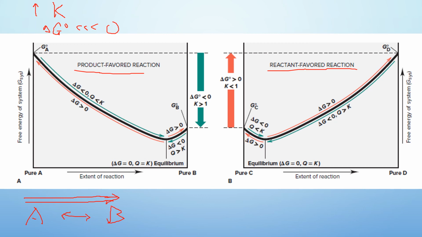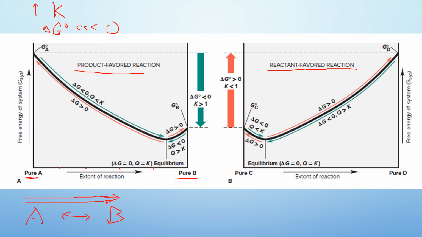And to read this figure, follow this A to B, from A generating B. That means you have pure A generating pure B. Any point in the middle here will be a mixture of both. But the closer to the right hand side, the more product has been generated.